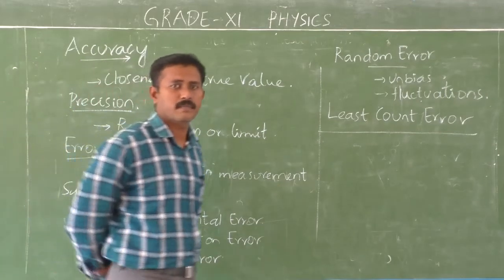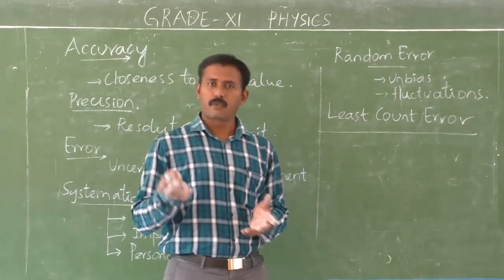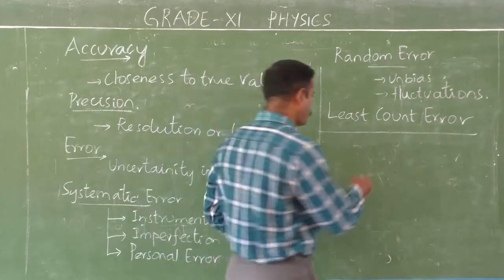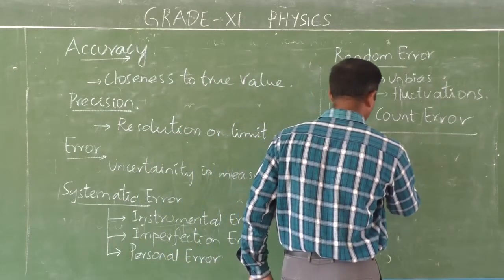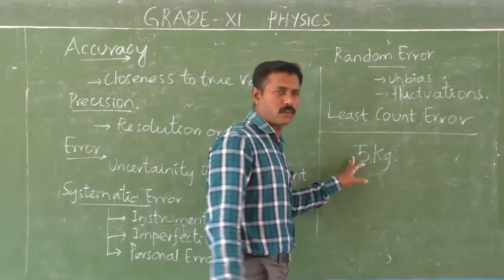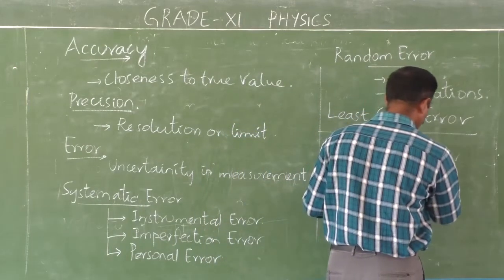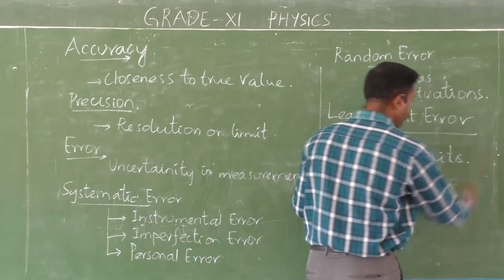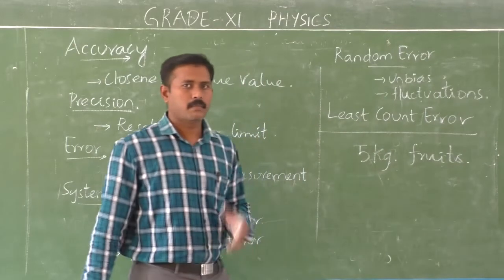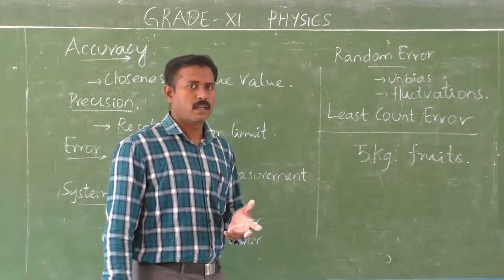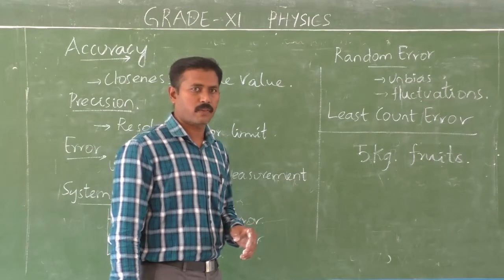If we buy 5 kg of fruits, the measuring instrument may not show the perfect reading.